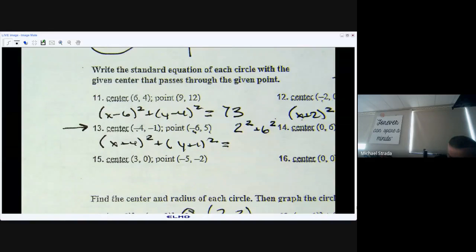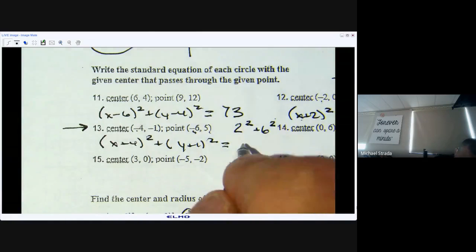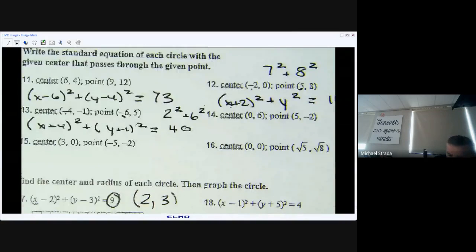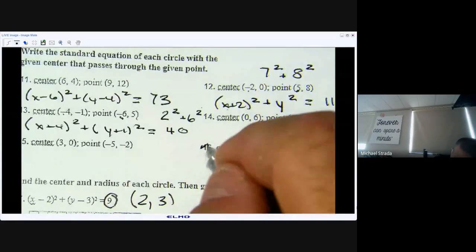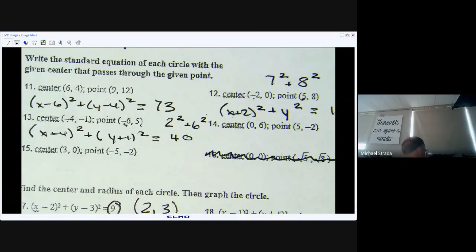What is 2 squared? 4. 6 squared? 36. 36 plus 4 is 40. You'd end up with a square root of 40. But remember, when you plug it back in, a square and a square root cancel out. I got 40. All right? For people that worry about these things, don't worry about 16. You want to have one with square roots. All right?